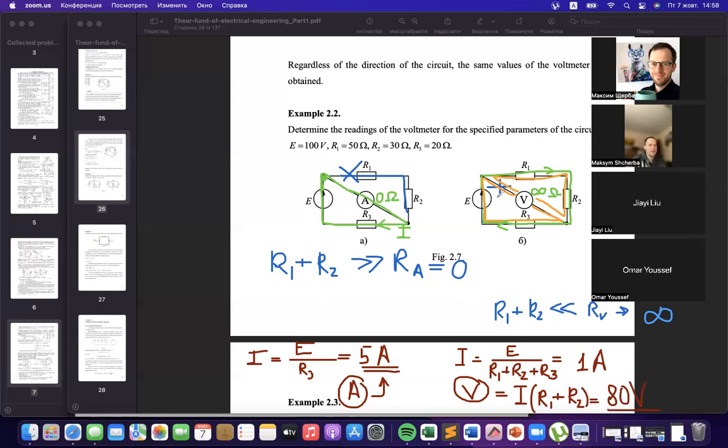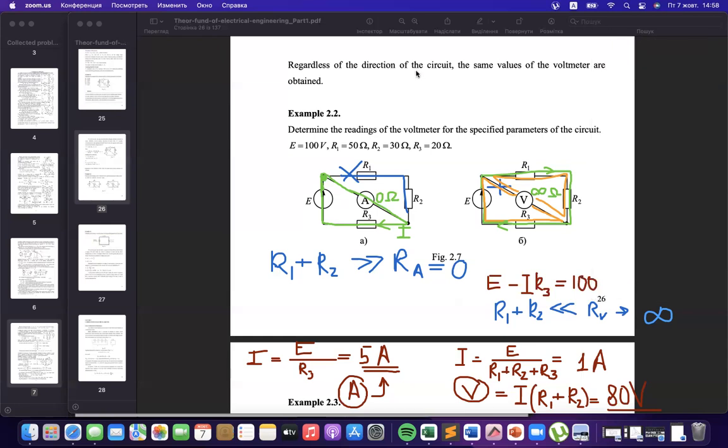In the lower case, it will be electromotive force minus current and resistivity: 100 minus 20, 1 multiplied by 20.